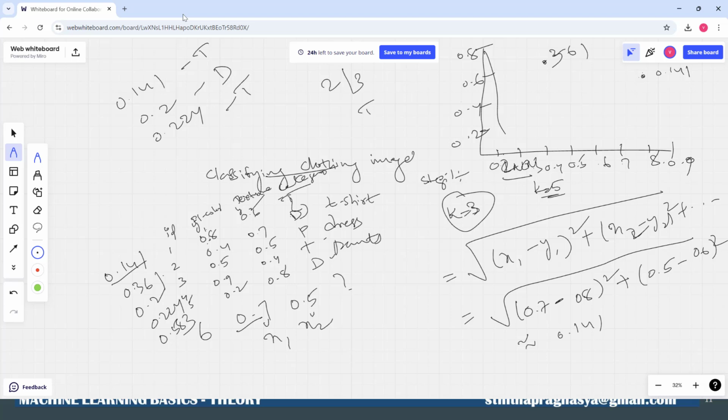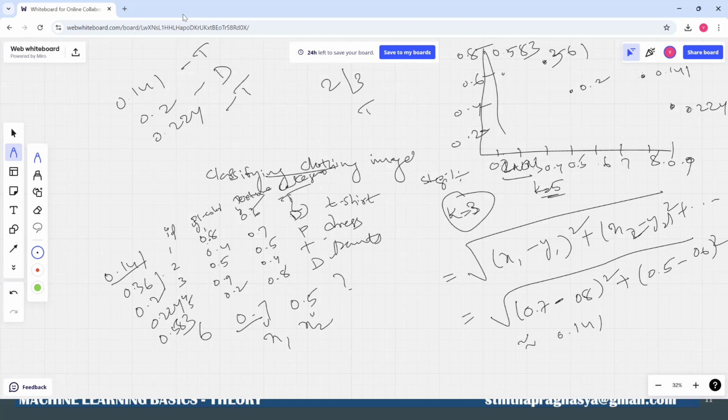And then 0.5, 0.5, which will be somewhere here, with 0.2. Then 0.9, 0.4, and this will be 0.224. And finally we have 0.2, 0.6, which will be here, 0.583.